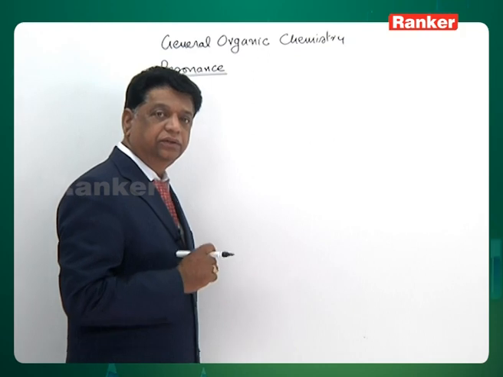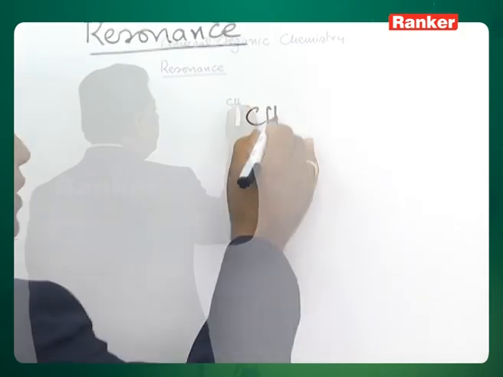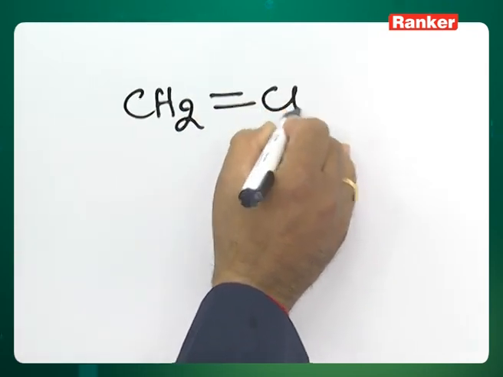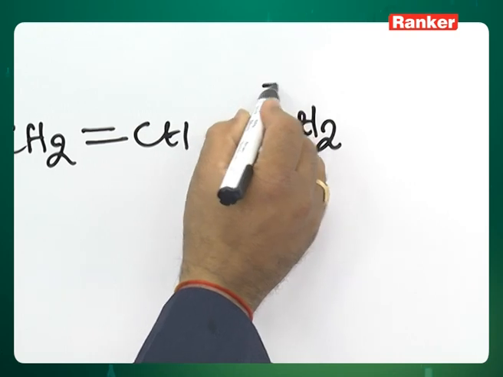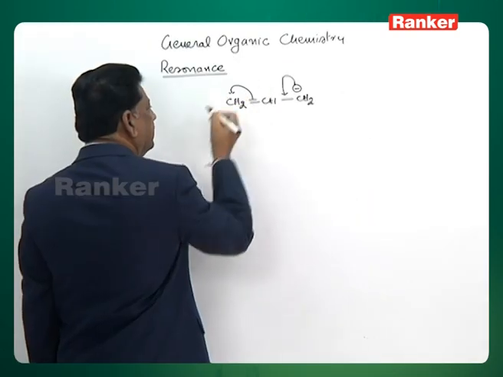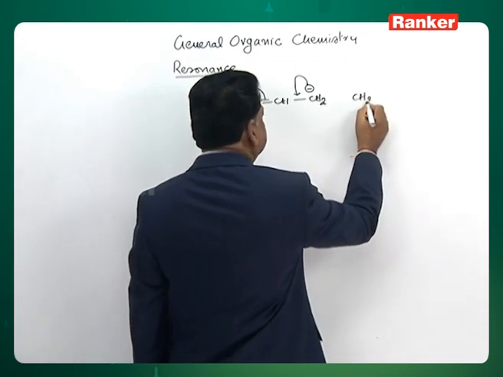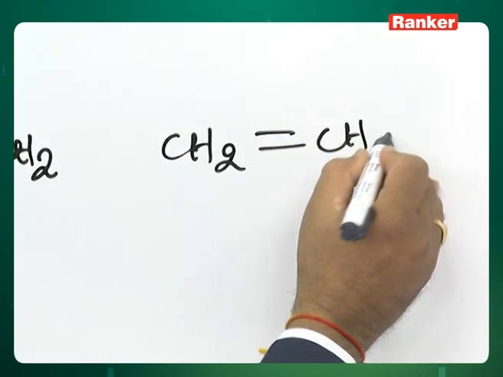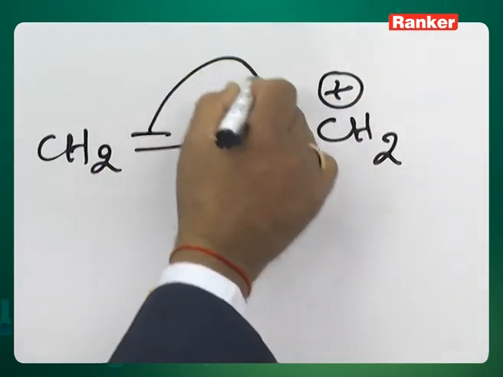While writing the resonance structures, we must take care of certain things. For example, if there is a minus charge, the minus charge is coming. This is the way you have to write it. If the plus charge is there, the pi bond is giving.